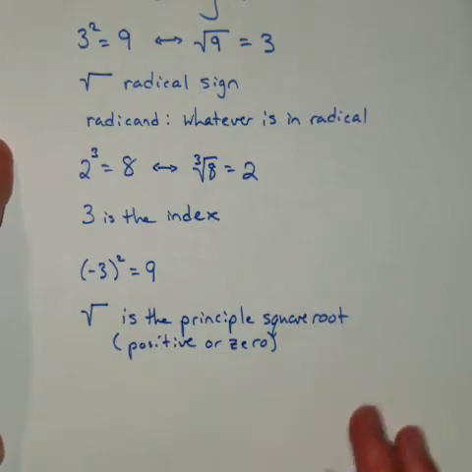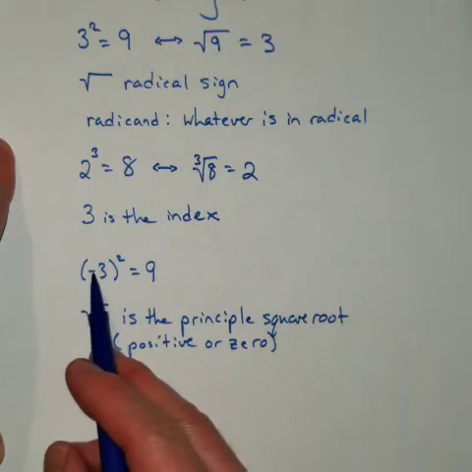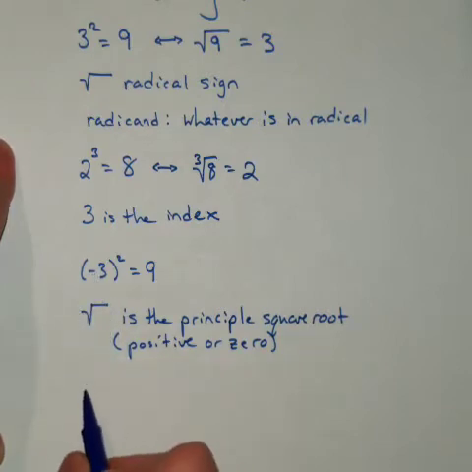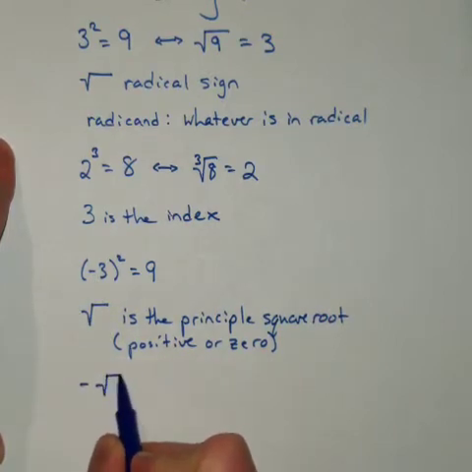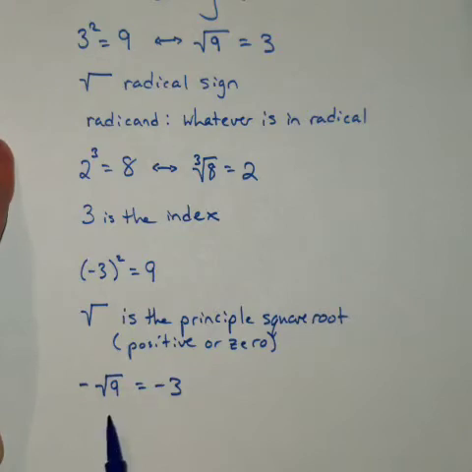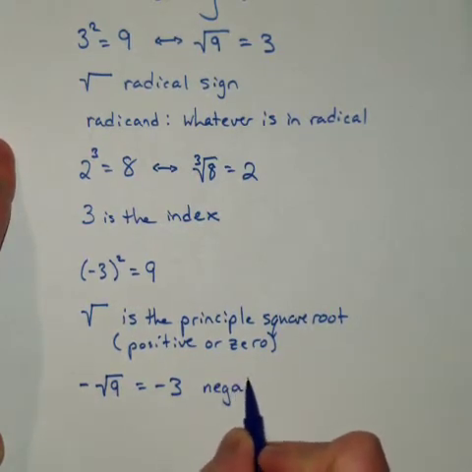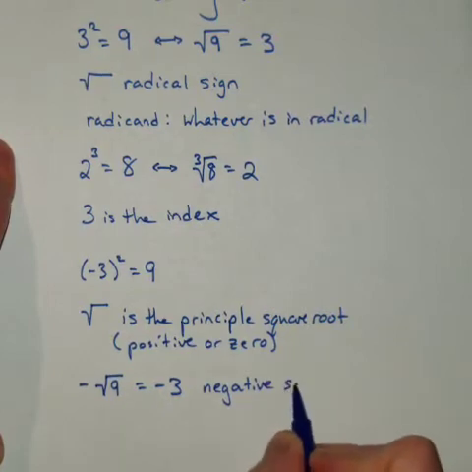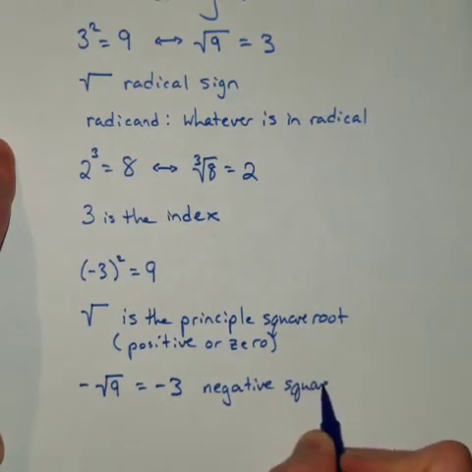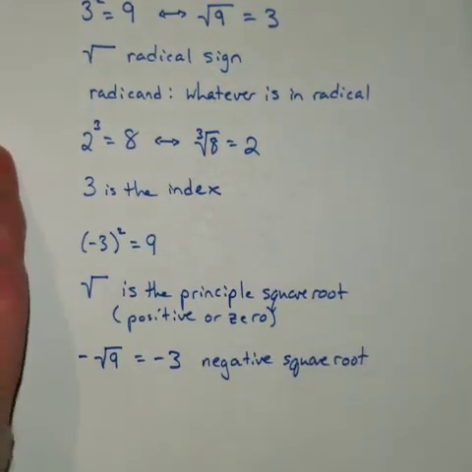Okay. If you wanted the other number, the negative number, you'd have to put a negative in front. Okay, so you could do this. The negative square root of 9 is negative 3. That's what we call the negative square root. Okay, so we have the principal square root and the negative square root.